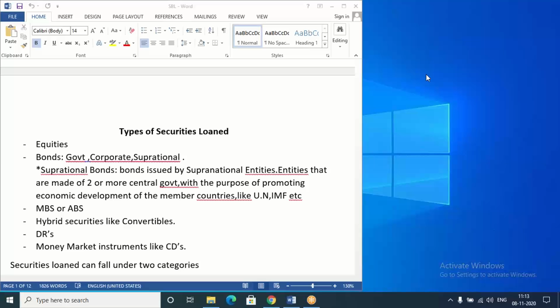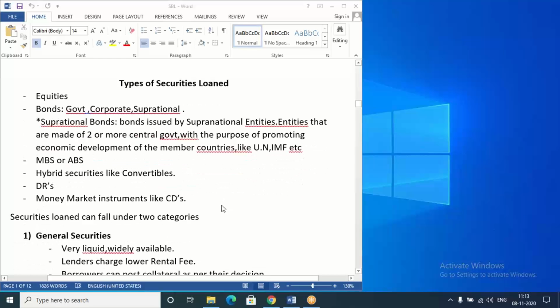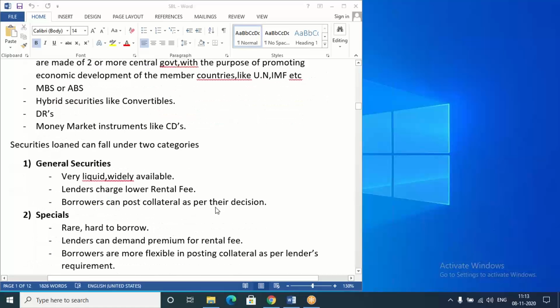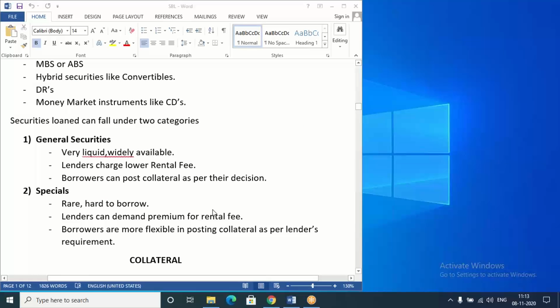Okay. So, as mentioned, the securities that are loaned can fall under two categories: general securities and specials. General securities are those that are very liquid and widely available. What does very liquid mean? Can be easily converted into cash.